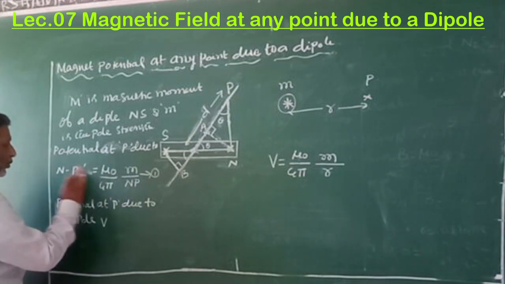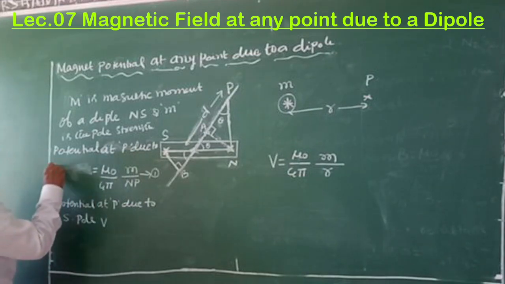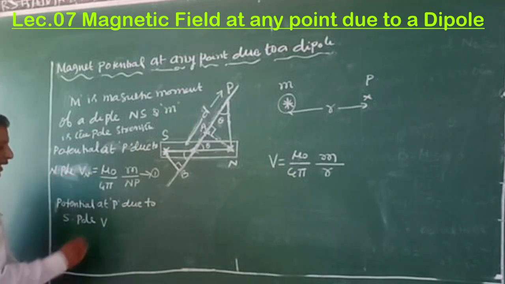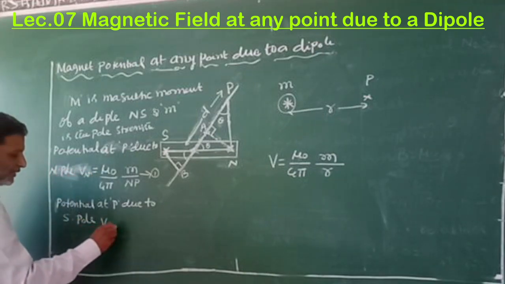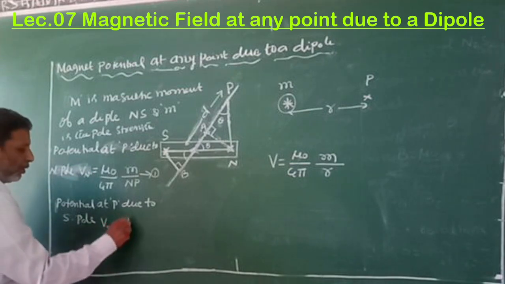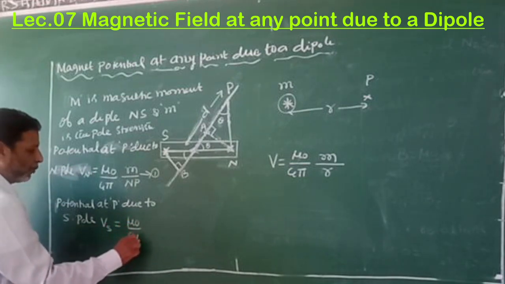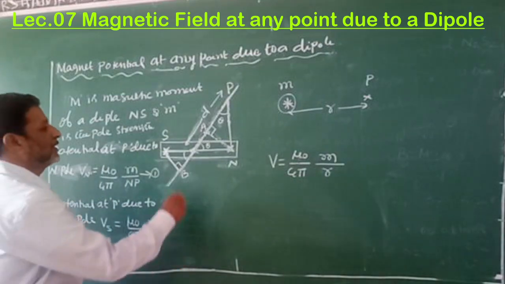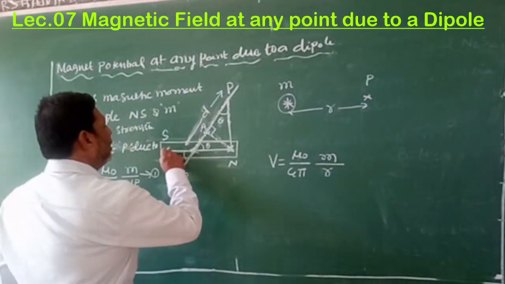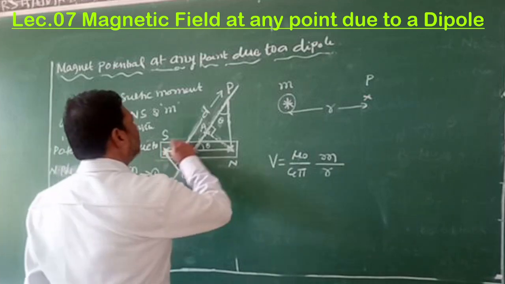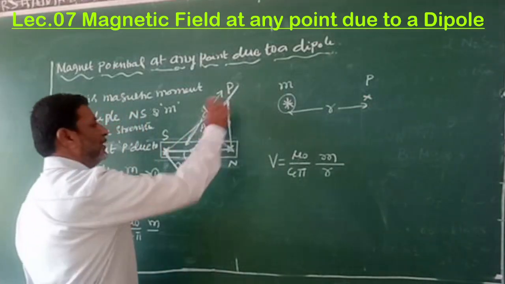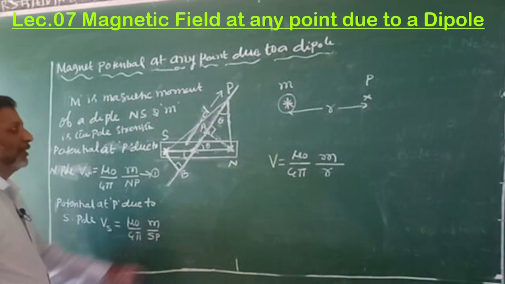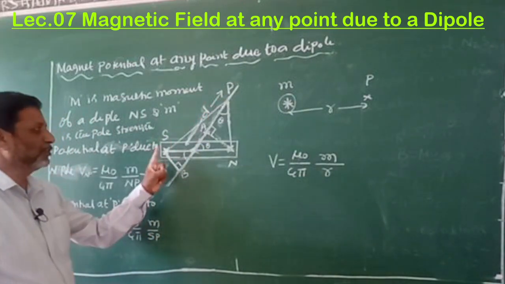Due to the north pole you take it as Vn, and due to the south pole Vs, which is equal to minus mu naught divided by 4 pi m divided by SP, the distance of the point from the south pole.